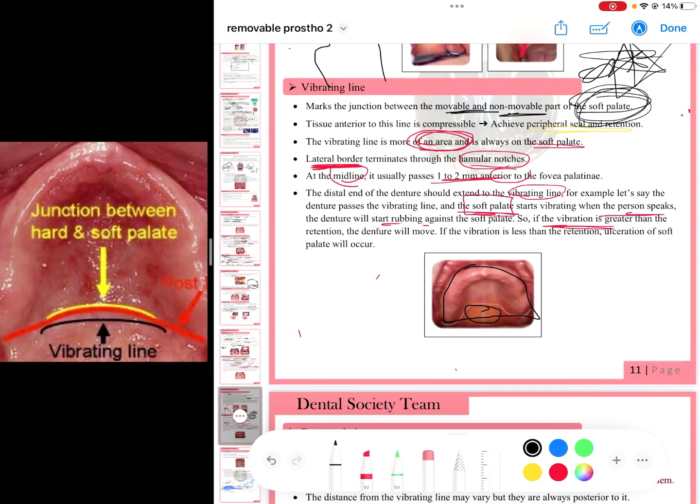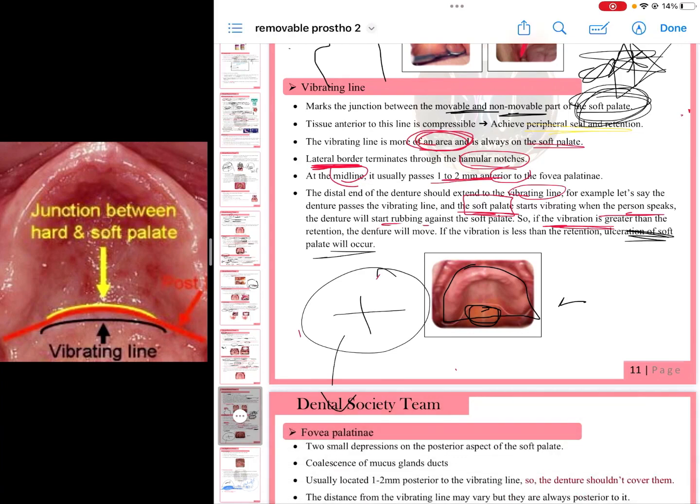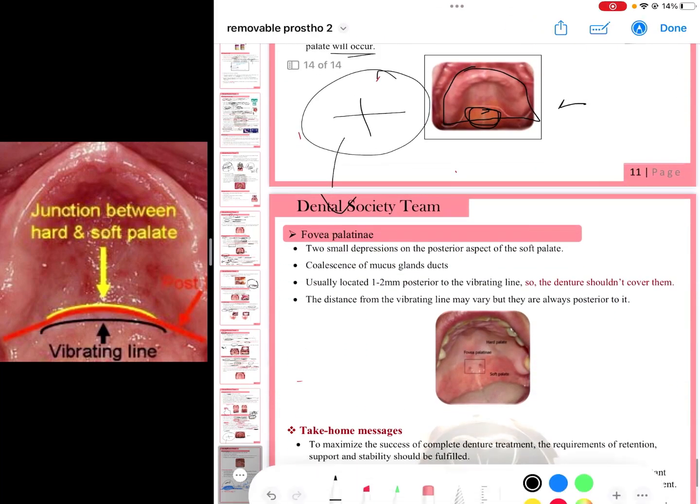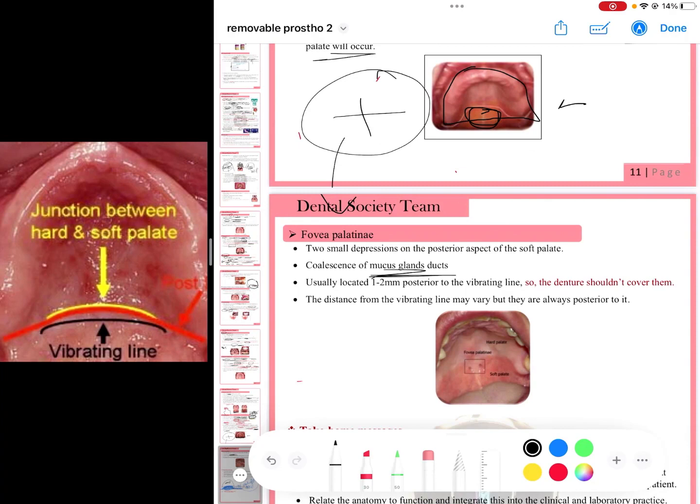When the patient speaks, this part will vibrate. If the vibration is very strong, the denture will move and fall down. And if the vibration is weak, but there is vibration, an ulcer will happen. In addition, for the fovea palatini, as we said, the mucus will accumulate under the denture because you are covering it in this case.